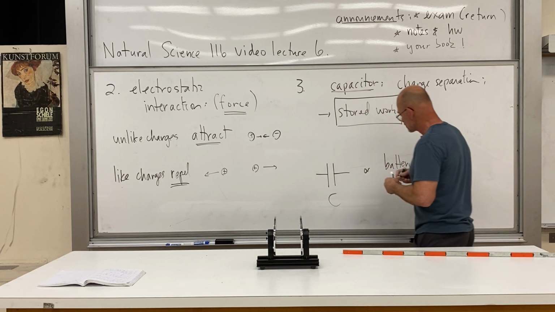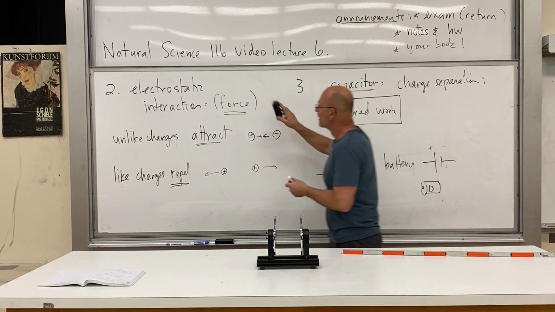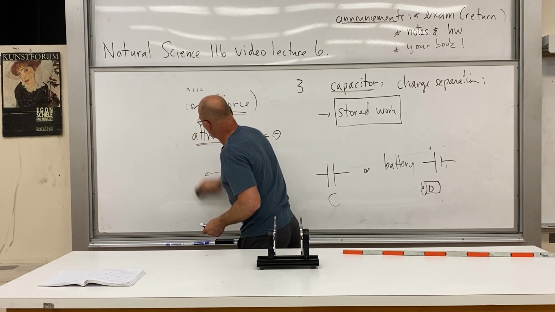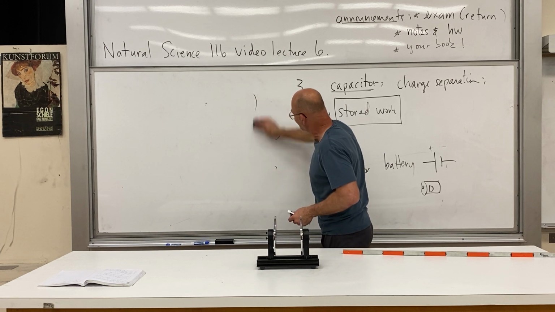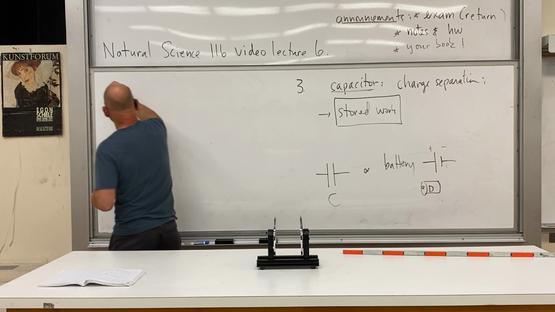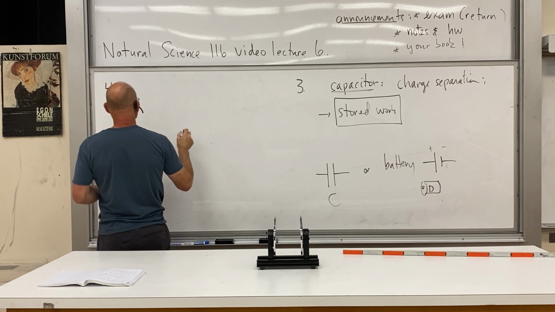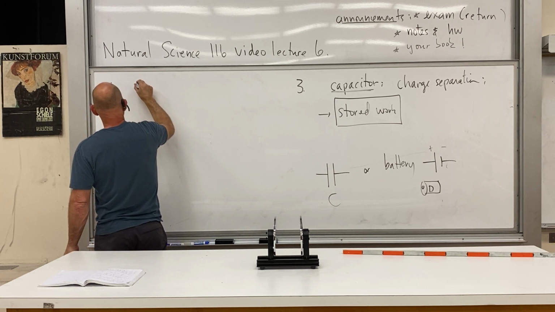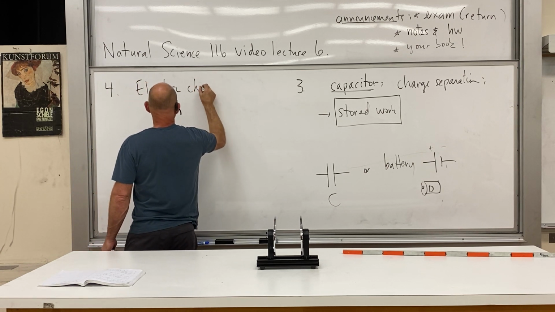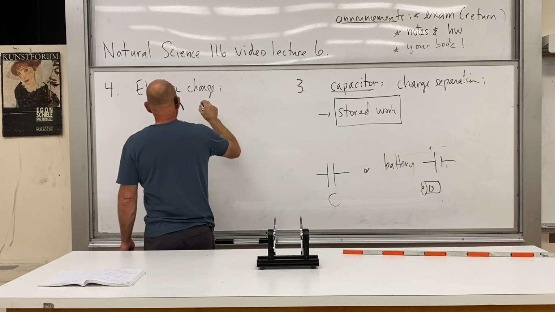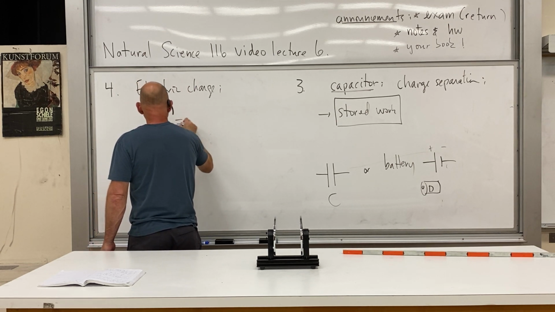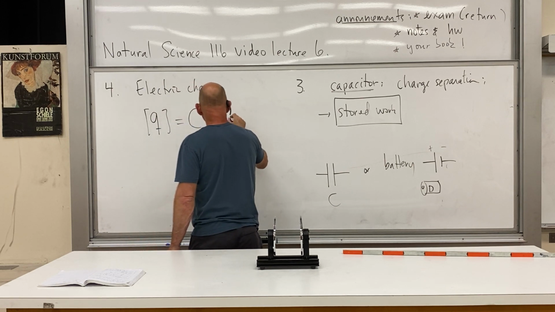So my next point is to bring in some terminology that you actually heard. So that was 3, so 4, we have electric charge. We're going to use the letter Q, and the unit of it is the coulomb.